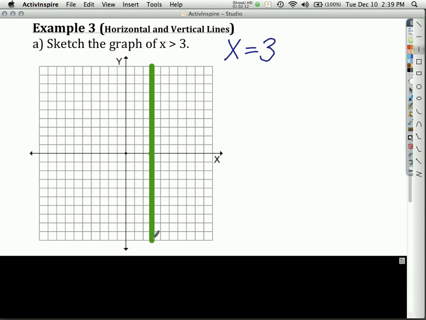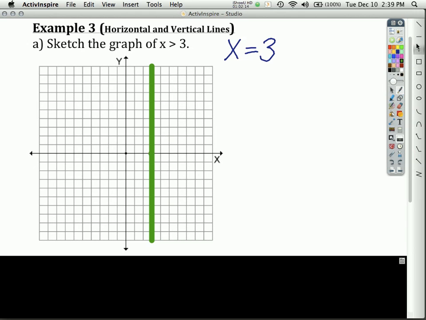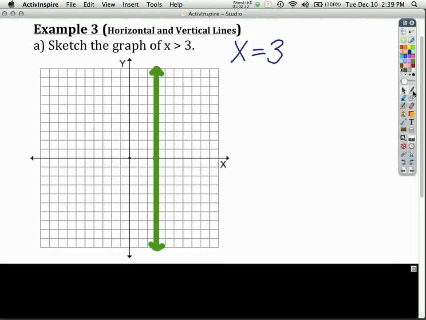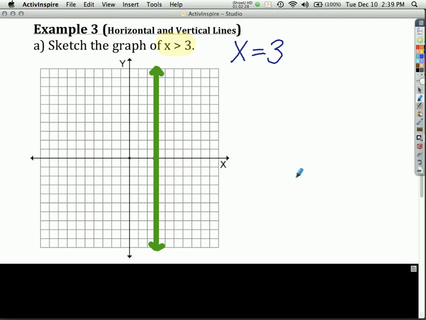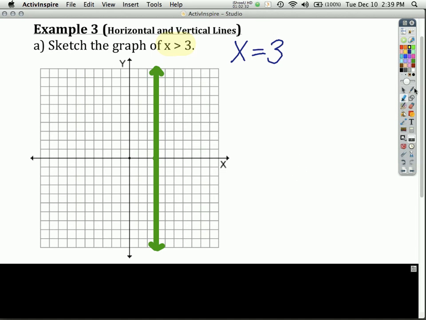And that is the graph of x equals 3. But we're not really trying to graph x equals 3. We're trying to graph x is less than 3. I'm sorry, x is greater than 3. So now we need to do a test to see which way we're supposed to shade. We're going to test 0, 0.